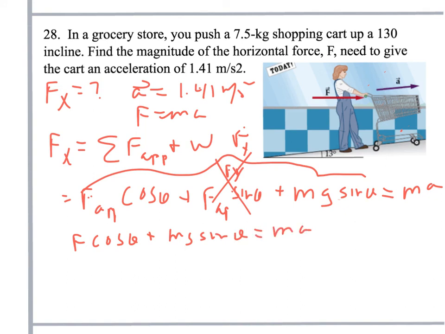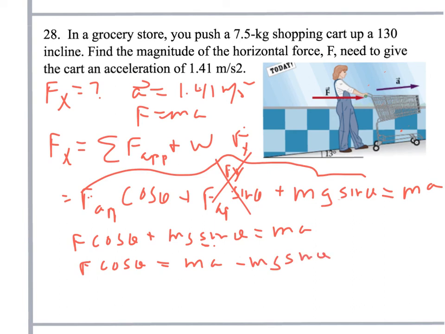And now we want to solve for the force. So we're going to bring the sine part over to the other side of the equation. We get F cosine theta equals ma minus mg sine of theta.